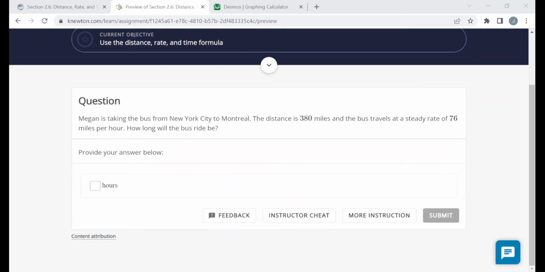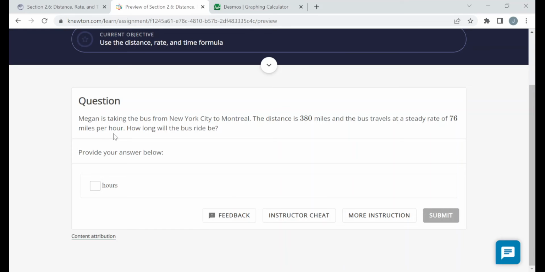So this first question here: Megan is taking the bus from New York City to Montreal. The distance is 380 miles, and the bus travels at a steady rate of 76 miles per hour. Now this distance, rate, time formula is assuming a steady speed, a constant speed.